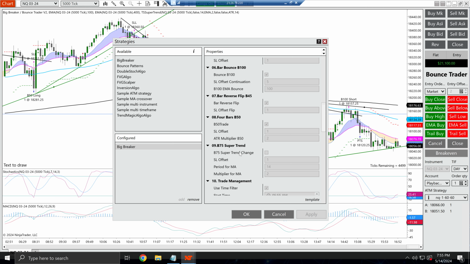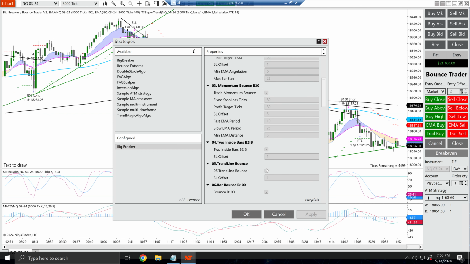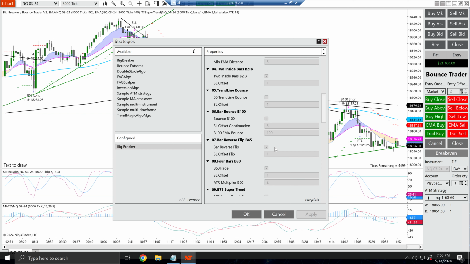Now I didn't mark super trend. I'm kind of still, it hasn't produced for me consistently like a 60% profitable way, profitability over the 5 months, so that's why I haven't selected it yet.